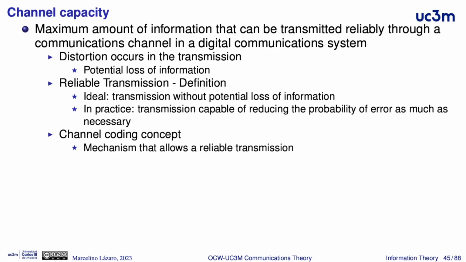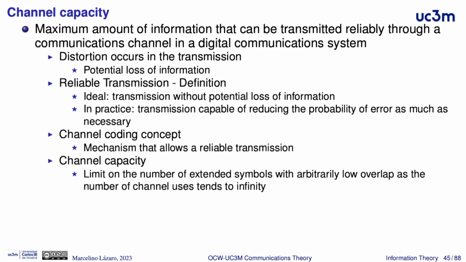The introduction of a structured redundancy in the transmitted symbols allows a reliable transmission, a transmission with an arbitrarily low probability of error. And the channel capacity can then be defined as the limit in the number of extended symbols, number of symbols of length n, that can be transmitted with an arbitrarily low overlapping in their outputs.